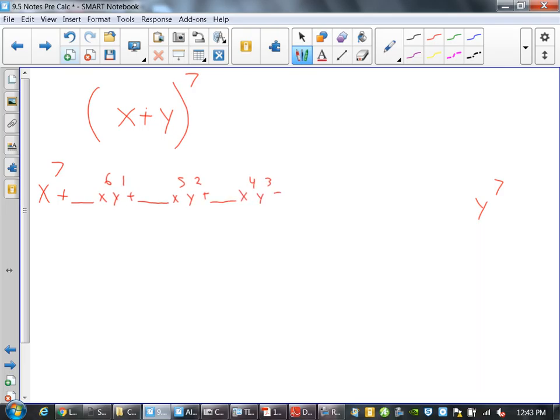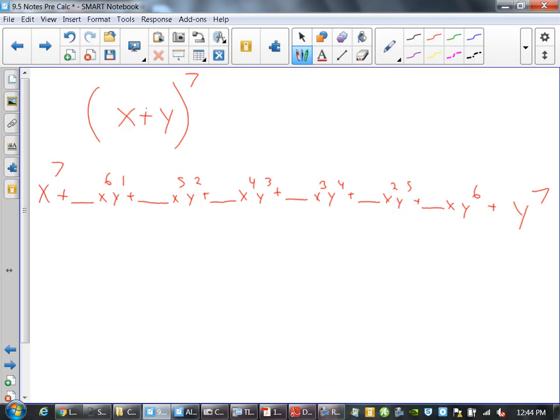Remember, your exponents should always add up to equal whatever your power is up top. Well, we know the coefficient here is 1.